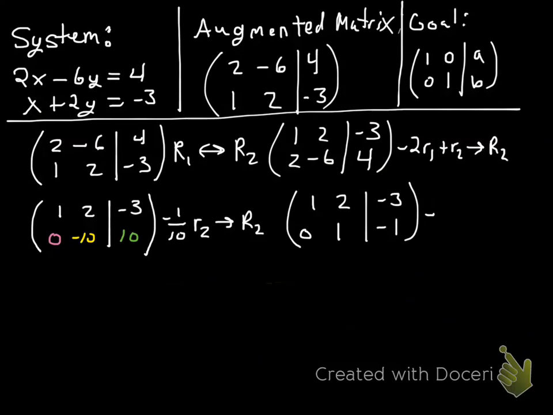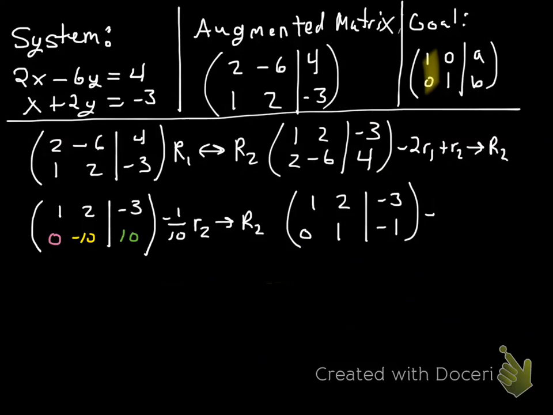Okay, and then if I multiply everything by negative 1 over 10, times 0 doesn't change it. Times negative 10, the negatives will cancel, and the 10 in the numerator, 10 in the denominator will divide out to give me 1. And then 10 times negative 1/10 will keep me a negative, and then they'll reduce down to just 1, or negative 1 in this case.